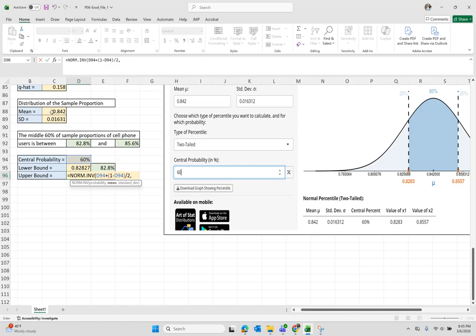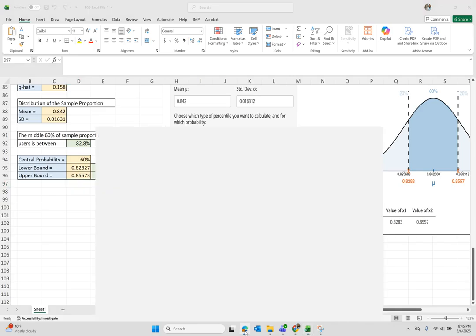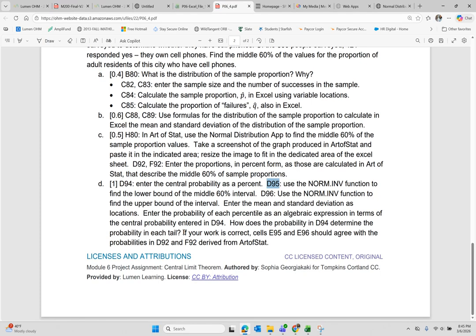So then I need to put a comma. I need the mean from cell C88. I need the standard deviation from cell C89. And this concludes the inverse function. I find the probability here as a decimal and on the right it becomes a percent. And the project now says that if you have done a good job, if your work is correct, the cells in column E, 95 and 96, should agree with the probabilities in D92 and F92 that were in row 92.